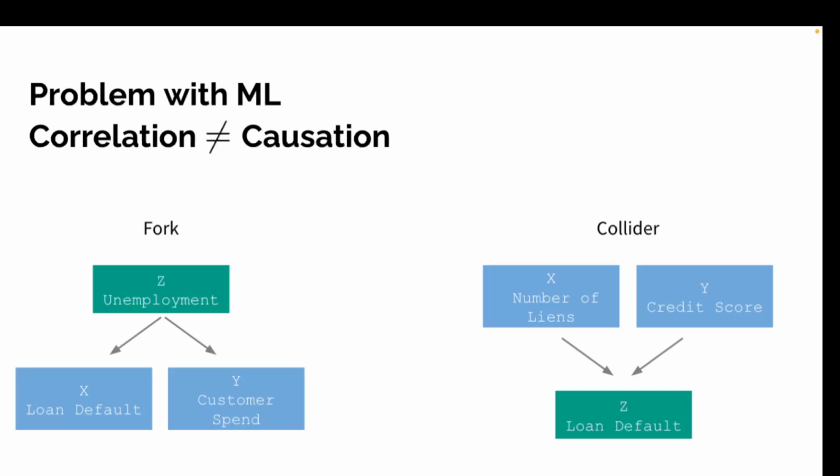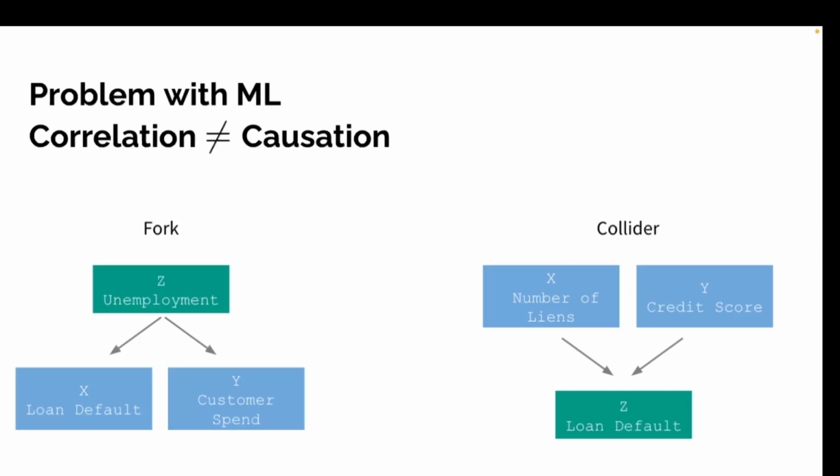So in case of fork, you have just three variables, z, x, y, and the structure is that z is influencing both x and y, while there is no causal relationship between x and y, right? So z is changing both. And in case of collider, it's the opposite. You have x and y, and I just gave you specific examples here. It could be anything, of course.